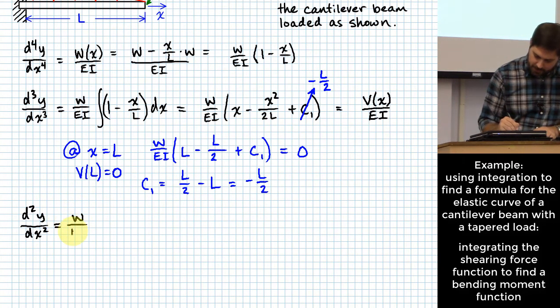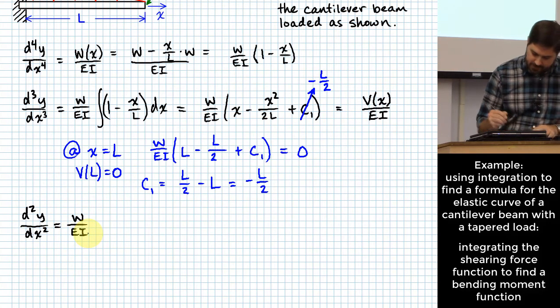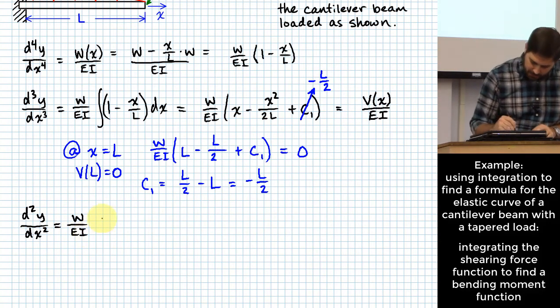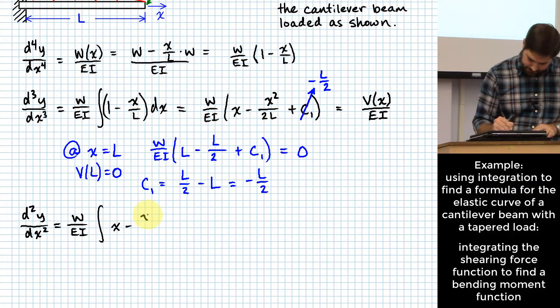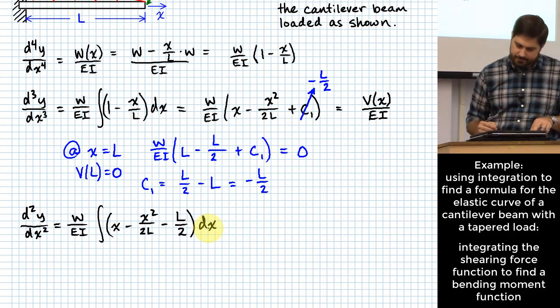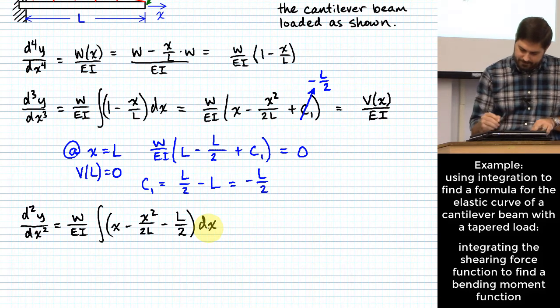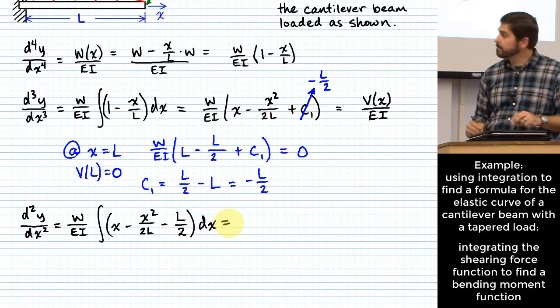I'm going to keep my W over EI here. And now I need to take an integral of x minus x squared over 2L minus L over 2 dx. So what does this give me?